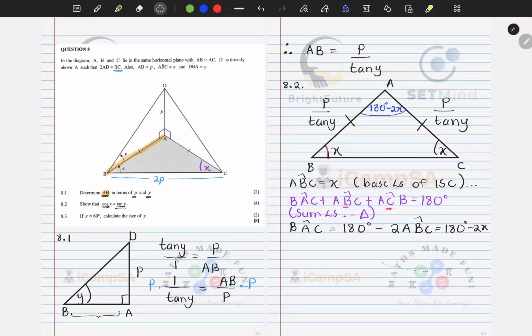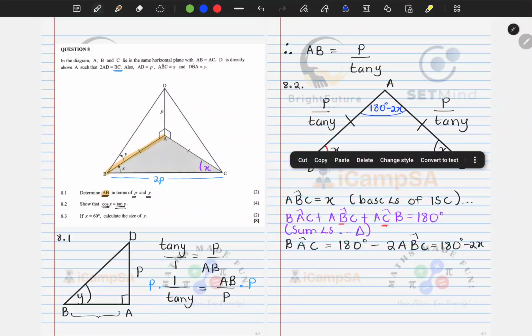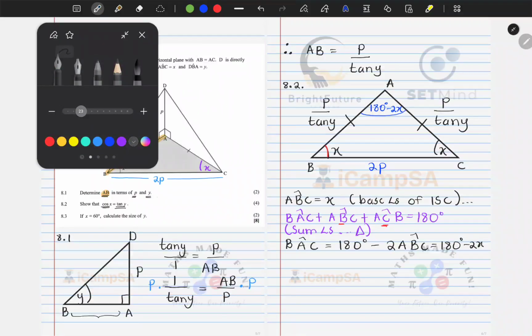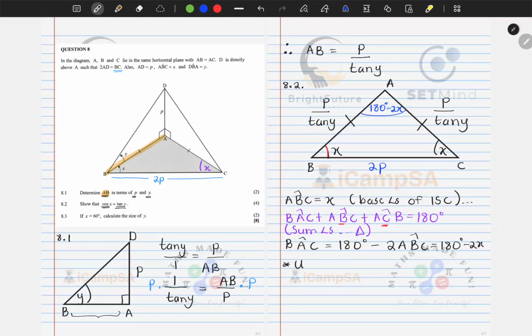And remember that just above we noted what this side is. The side that we have here is 2p. So in order for us to ensure that we relate, we eventually get a cos here, it means we must use the cosine rule. That is what we are going to do.